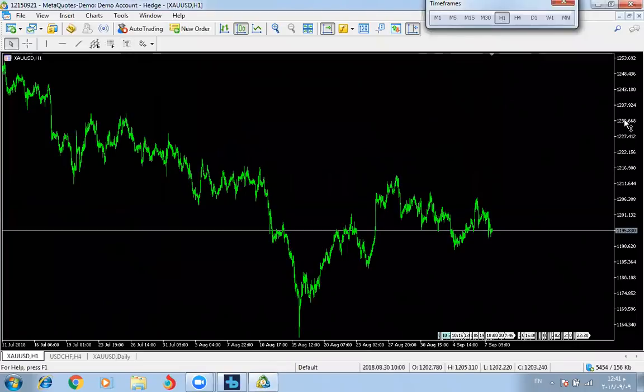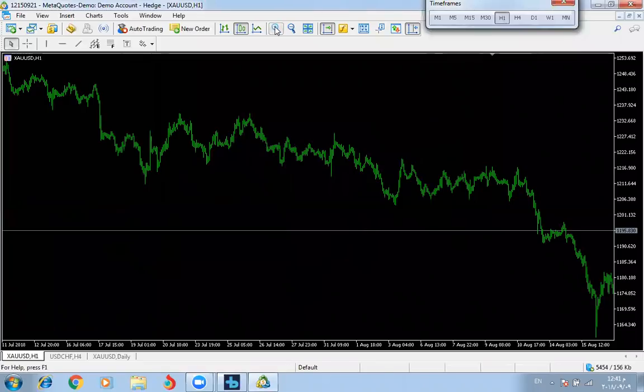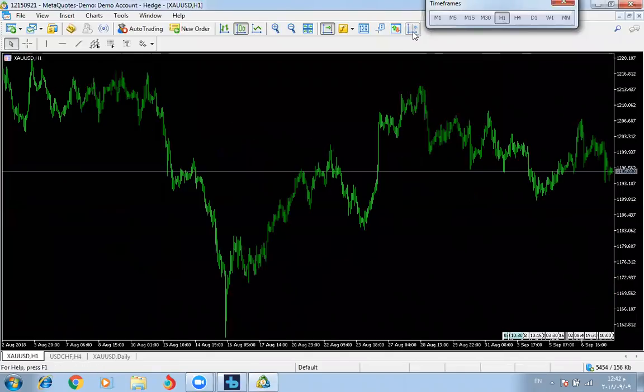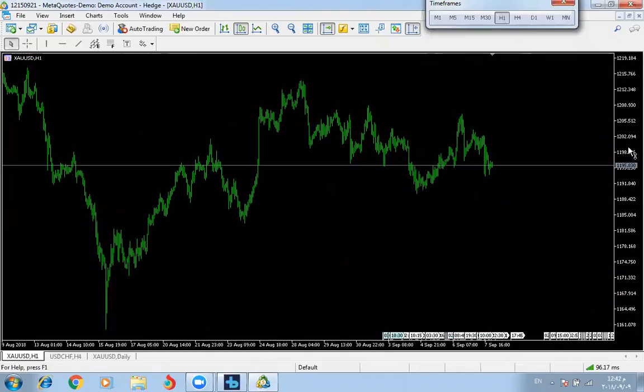As shown, we have a very clear triangle right there.